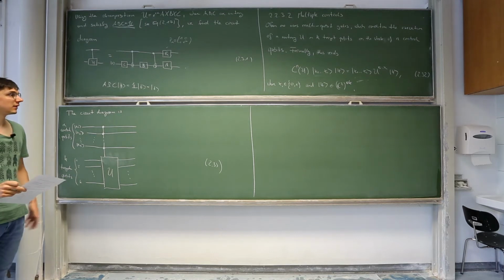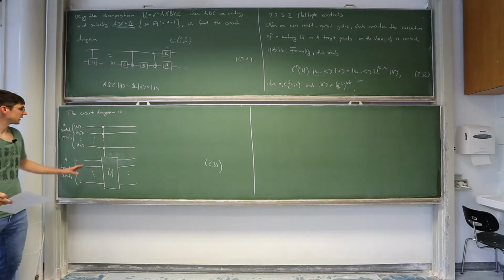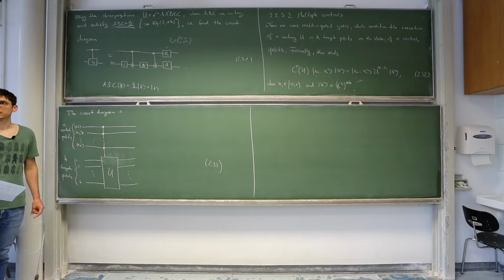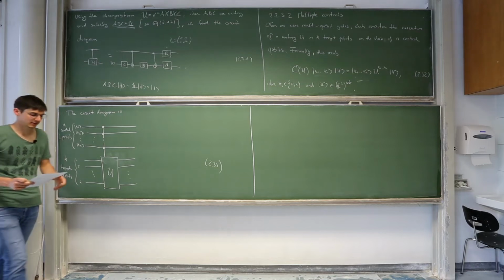Now there's one special instance of such a controlled operation with more than one control. It's the so-called Toffoli gate. I'd especially like to emphasize this.